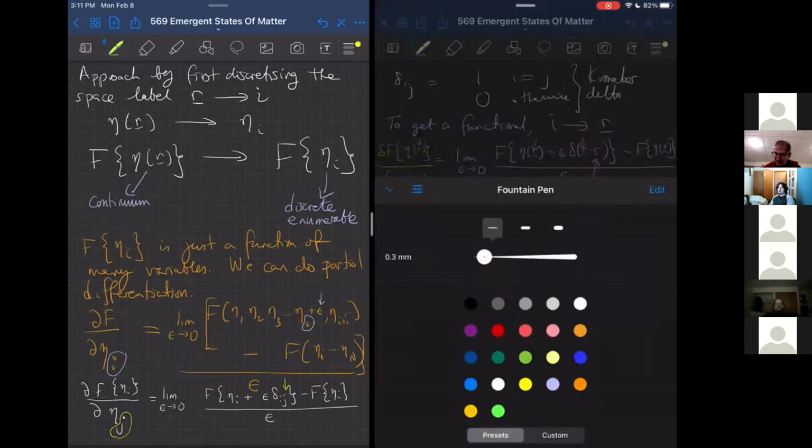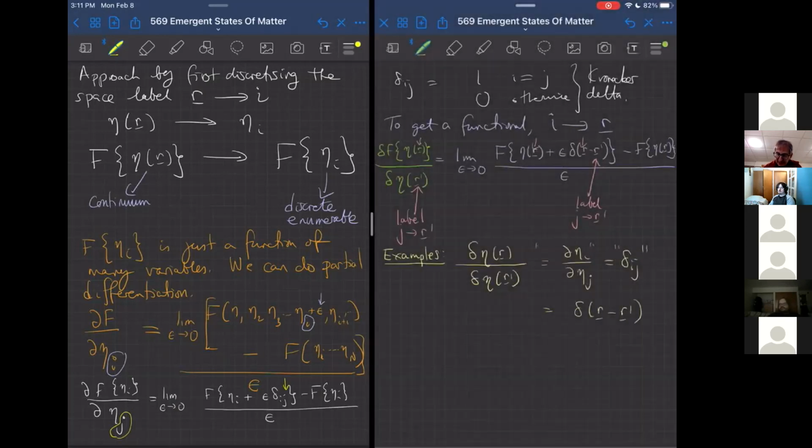Okay, let's do another one. Next one I'm going to do is d eta of r, and then the integral d r prime eta of r prime. Again, remember that space is just a label.